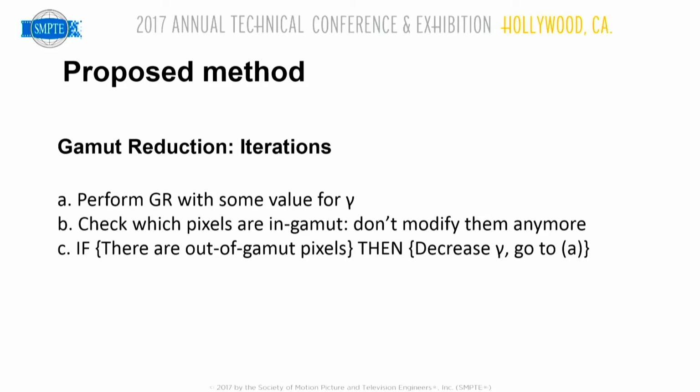Then in this result, we check which pixels are inside the target gamut. Those that are inside the gamut, we leave as they are, so they are final. Then we check if there are out of gamut pixels. If there are, we decrease the value of the constant gamma and iterate. And we do that until all the colors are in gamut.